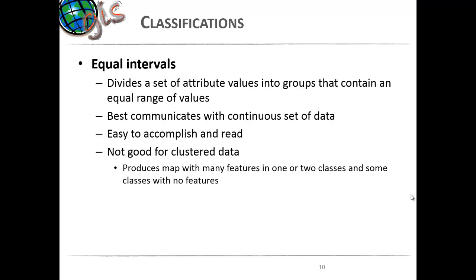Again, that's where the natural breaks classification system is better than this, because you can use that on clustered data to produce good looking maps in terms of identifying spatial patterns.